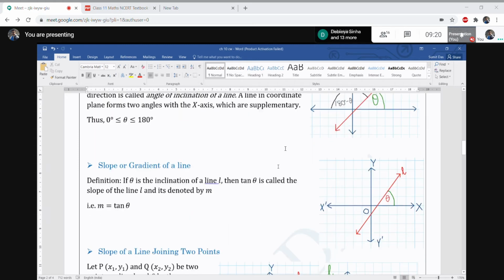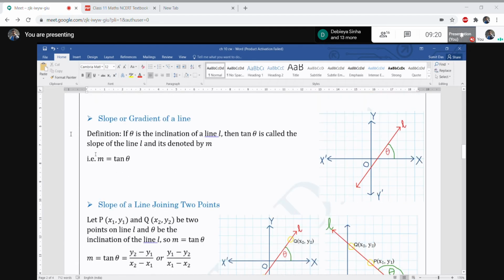Now, a very important part: slope or gradient of a line. What is slope or gradient? If theta is the inclination of the line L, we can see here one line named L making theta inclination, then tan theta, the tangent of that angle, is called the slope of L, and it is denoted by M. So slope is nothing but the tangent of the inclination of a line.